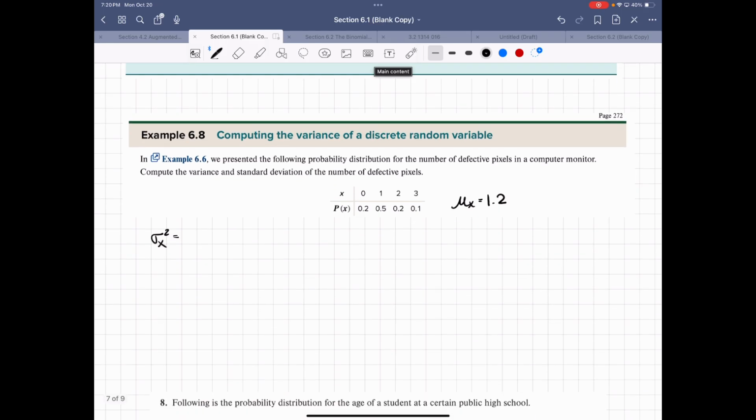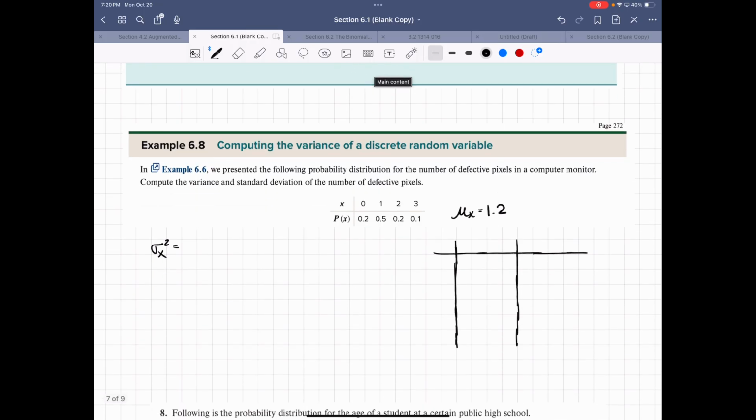Okay, so this is going to be x minus the mean of x. So I've got 0 minus 1.2. I need to make that bigger. Then I've got 1 minus 1.2.